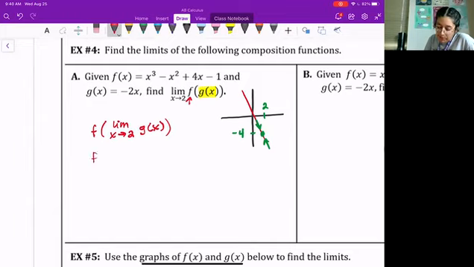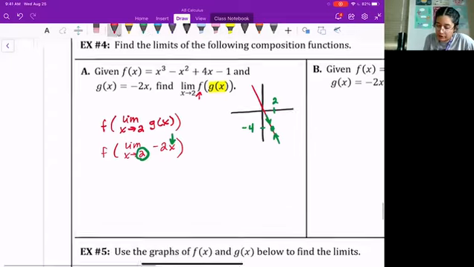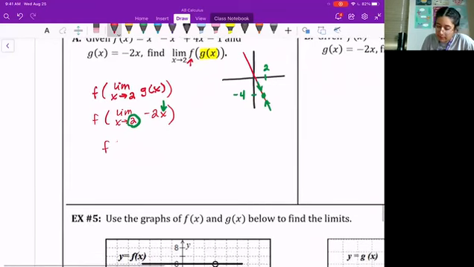So I'm going to rewrite this one more time: the limit as x approaches 2, and instead of writing g of x, I'm going to write -2x. Like I just said, anytime you have a continuous function, no holes, no asymptotes, any regular polynomial function with no fraction will be continuous. You can take the x value that we're approaching and just plug it into your function. So the limit for g of x as x approaches 2 is going to be -4.